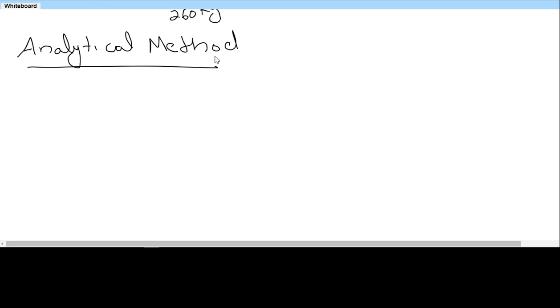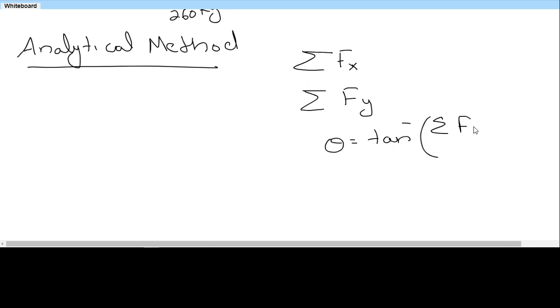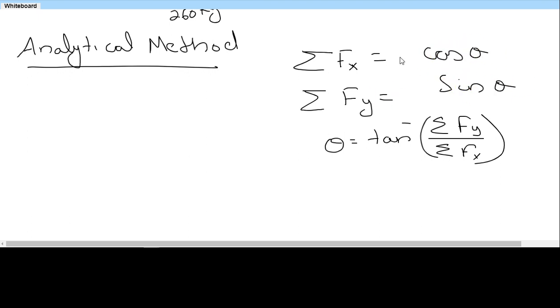We should equate, like we do in mechanics and mechanics of machinery, all the horizontal forces, take the sum as Fx, then take the sum of Fy, then find the angle theta equal to tan inverse of sigma Fy over sigma Fx. And Fx will be a function of cos theta, and Fy will be a function of sin theta as the vertical component.